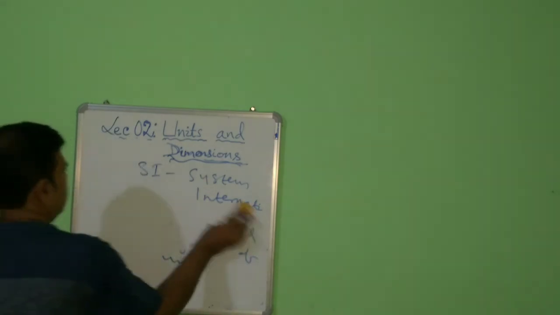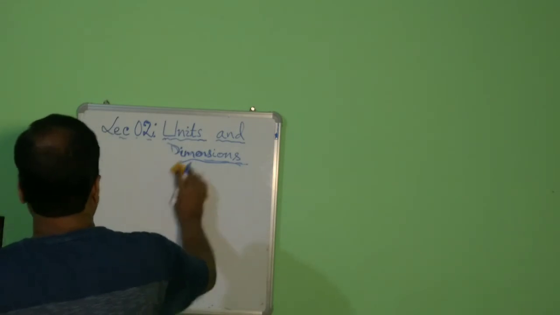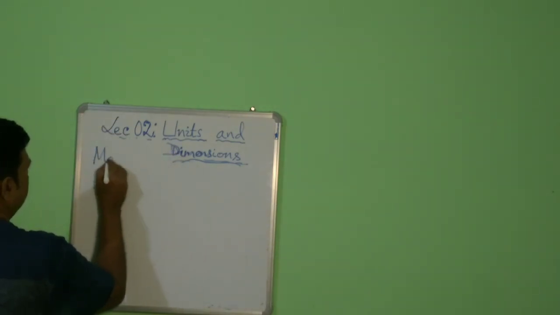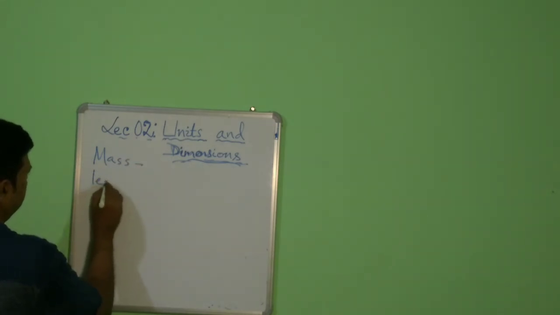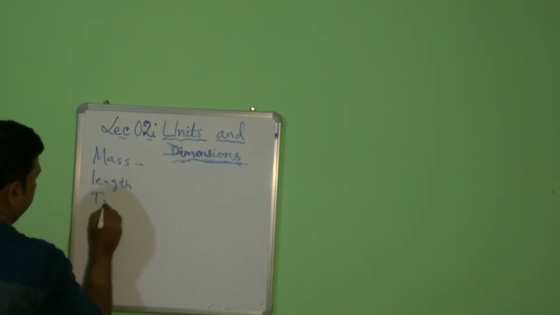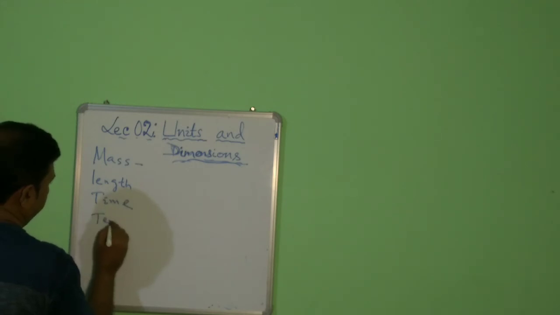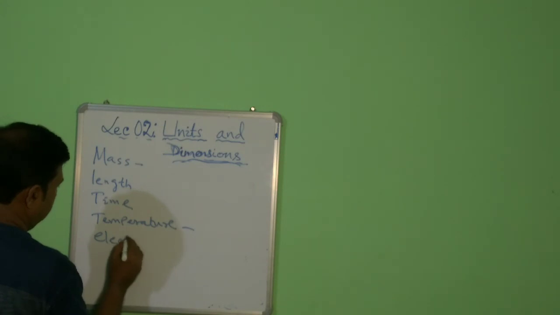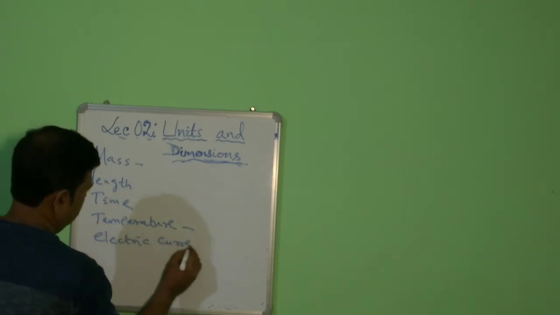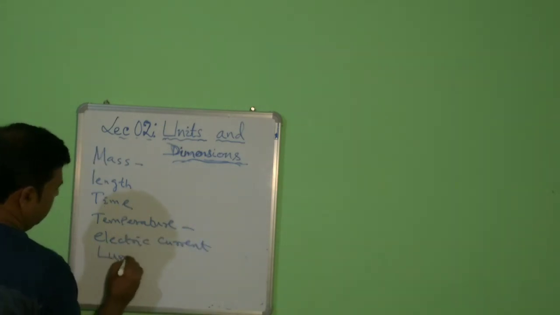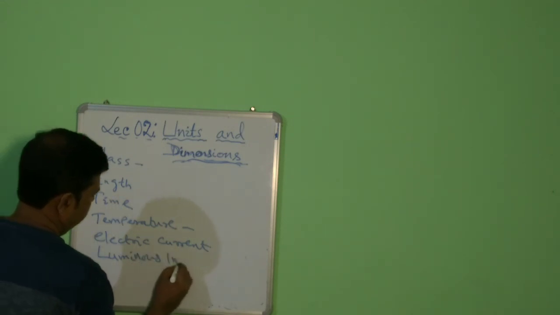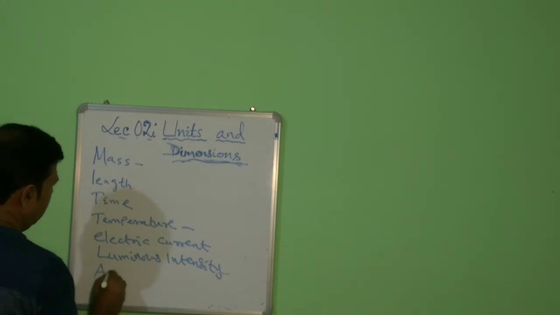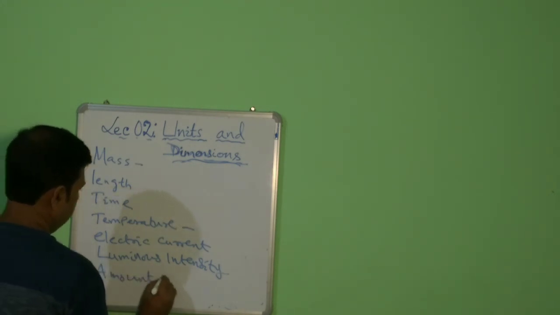In the SI system of units, there are 7 fundamental quantities: mass, length, time, temperature, electric current, luminous intensity, and amount of substance.